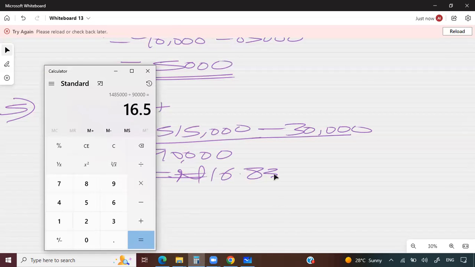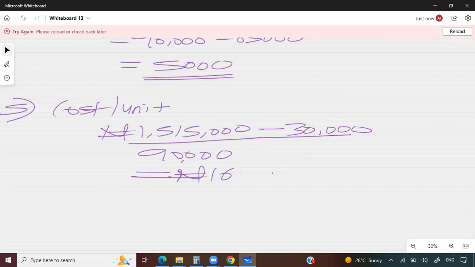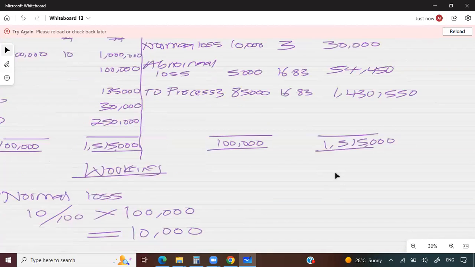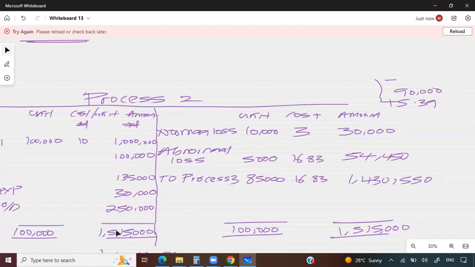That will give us 6.5. If you are realizing something, you also need to take care of that. We realize that total expenses is this, so these total expenses minus whatever we realize will be the total cost of this production. The total cost is not actually 1.5 million anymore. It is 1,515,000 minus this 30,000, and whatever we have, we divide by the expected output.